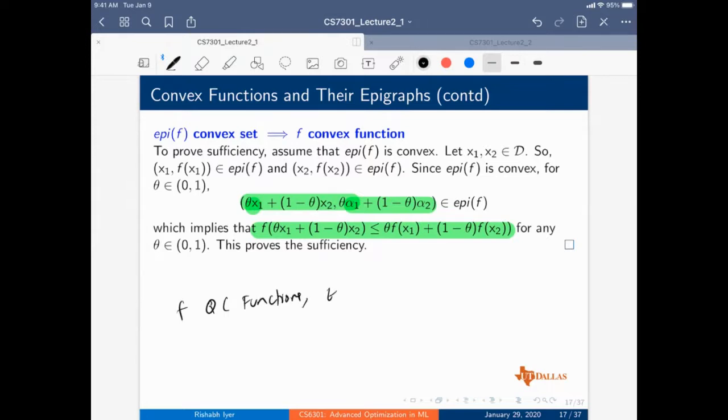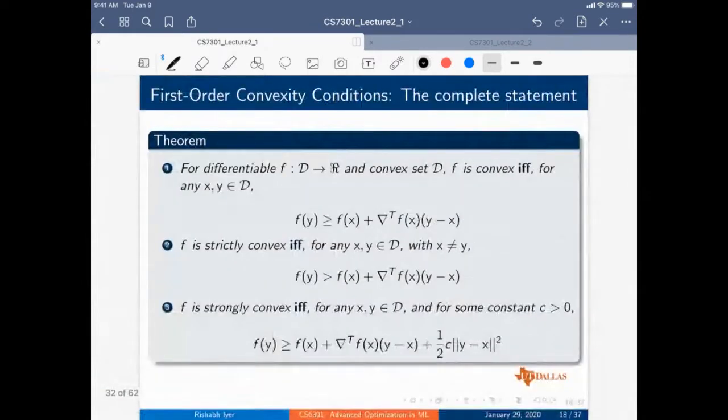So if f is quasi-convex, the epigraph of f is not necessarily a convex set. In fact, it will not be a convex set because of the if and only if condition. So this is what distinguishes quasi-convexity from convexity. Thank you. This is a great connection.